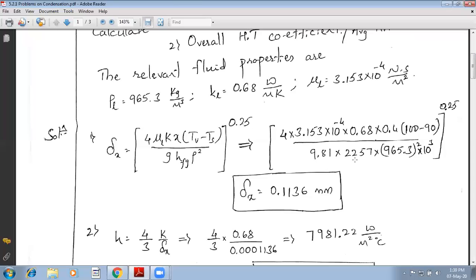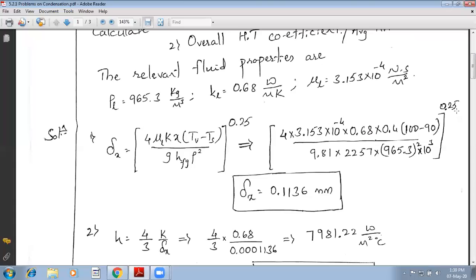HFG he has given as 2257 kilojoules per kg, but we need to substitute in joules per kg, hence we have multiplied this with 10 to the power 3. Then multiplied by density square, which is 965.3 square, whole to the power 1 by 4 or 0.25.